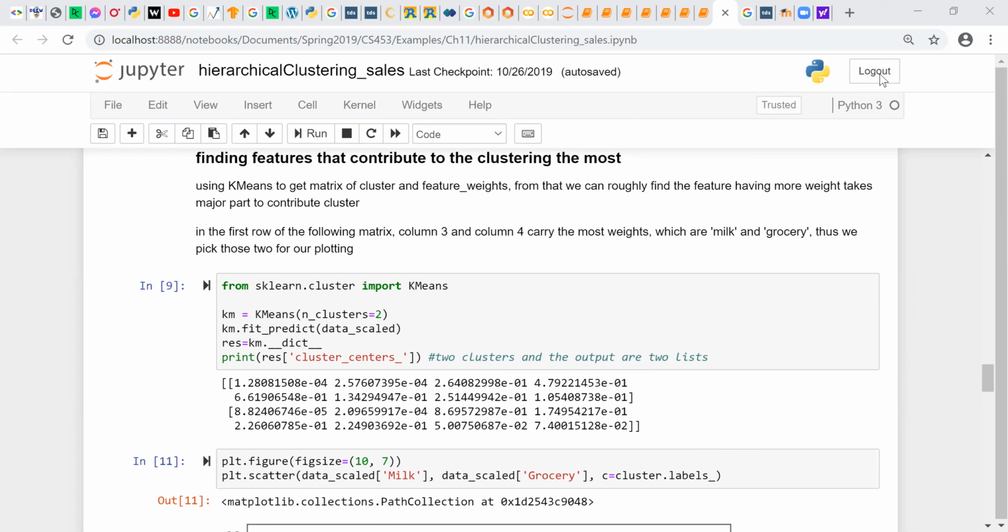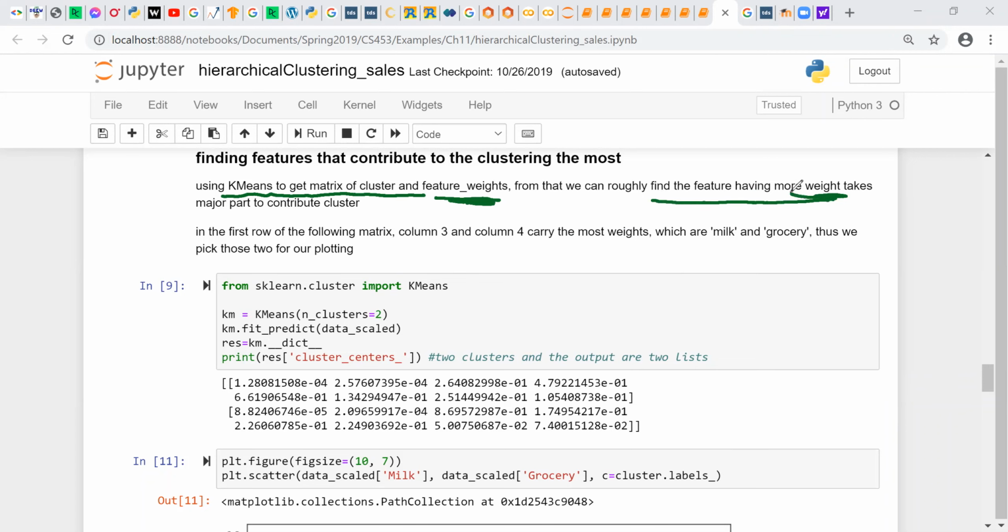And here it says to use k-means. We can get a matrix of clusters, and we can also get feature weights. Once you have feature weights, you can find the features that have more weight.